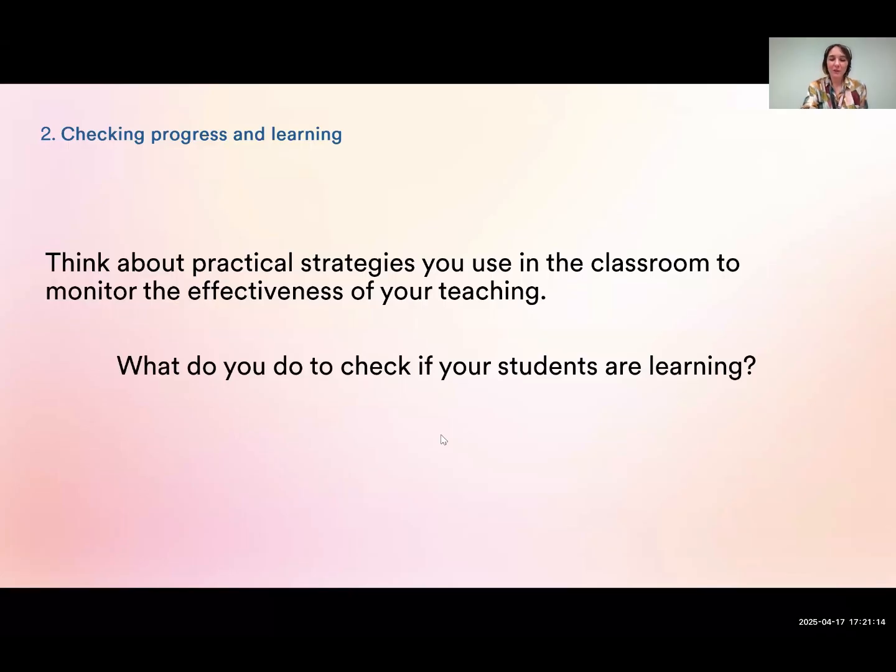Yeah, so there's lots of strategies, but let's face it, we are all guilty of asking this question: do you understand? I've asked this question many times and then almost bit my tongue thinking it's not the right question to ask, because what does that even mean? If a student isn't sure, probably they are shy or not able to actually express how they're feeling about it.